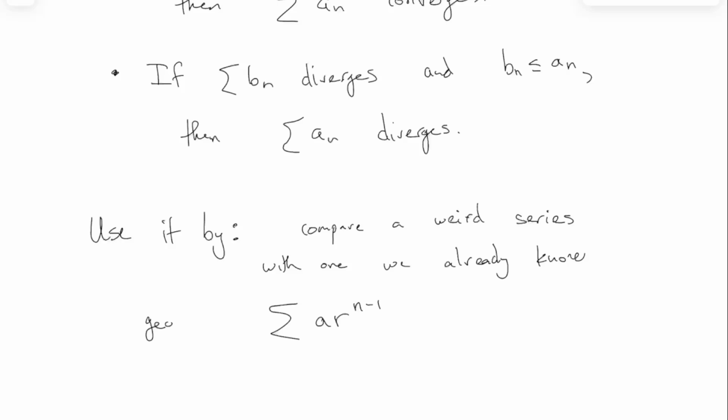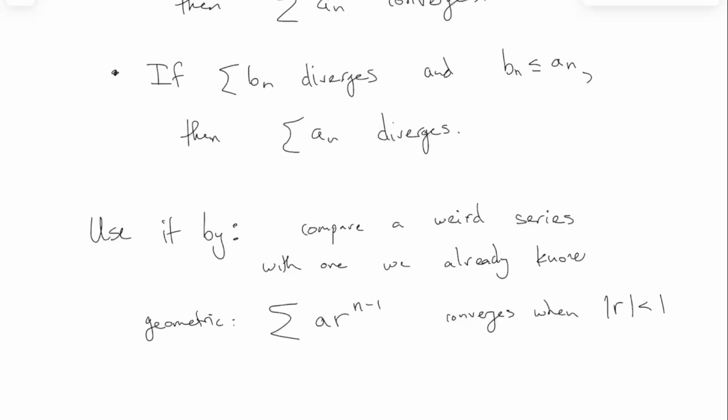This is geometric. The sum of a r to the n minus 1, and this one converges when, and remember the rule about when this converges? You should remember this eventually. When absolute value of r is less than 1, yes.